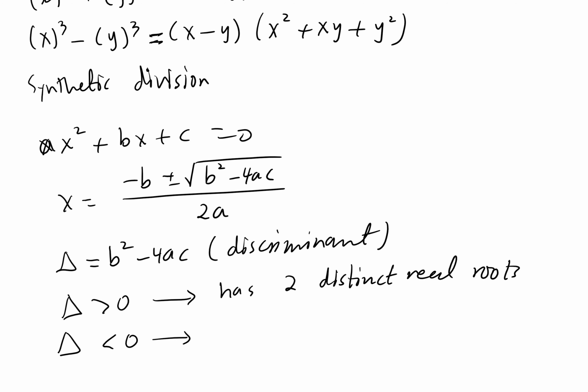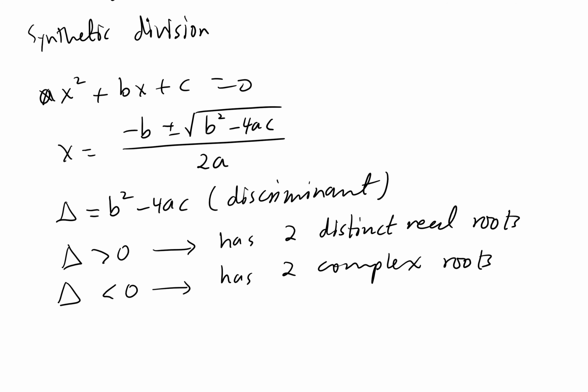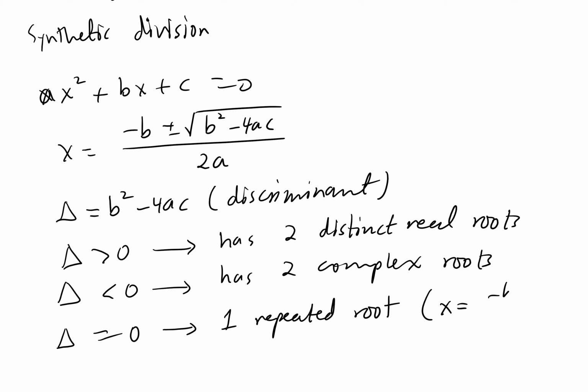If it's less than 0, it has two complex roots. If it's equal to 0, then you get one repeated root, namely x equals negative b over 2a. You can see why.